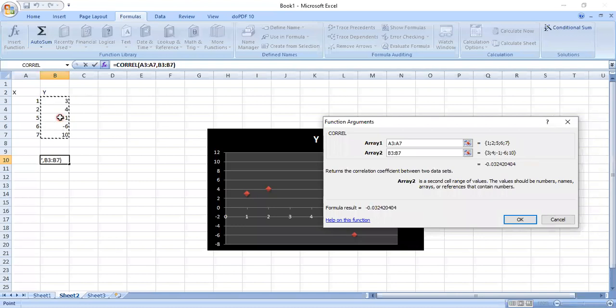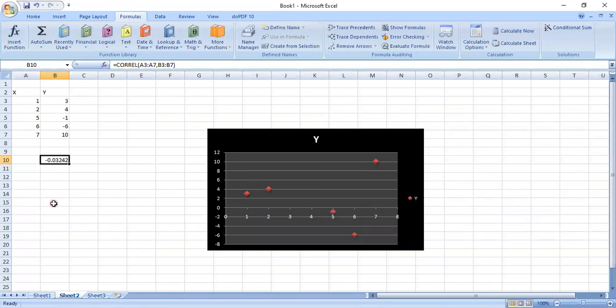So array 1 goes from A3 to A7. Array 2 goes from B3 to B7. And you are already able to see the value, which is minus 0.0324. Click on it, and that value is printed over here.